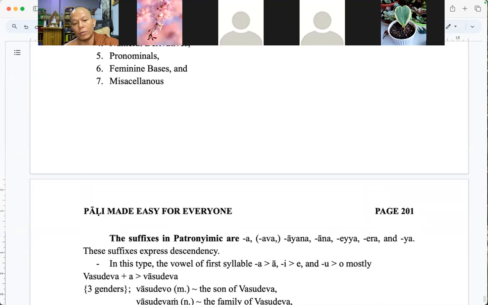Descendancy means son or daughter of, or family of, or the grandson or granddaughter of, or lineage of, in this way.